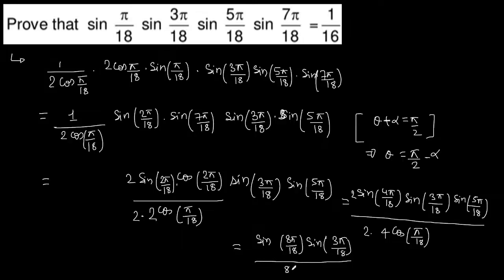This is 8 cos pi by 18. So we could not use sin 3 pi by 18. This is a miracle. We could not use it. So we'll have to see it. Okay, let's see.